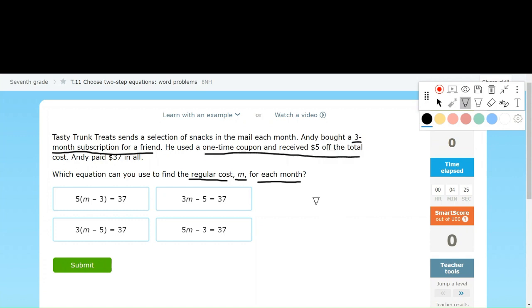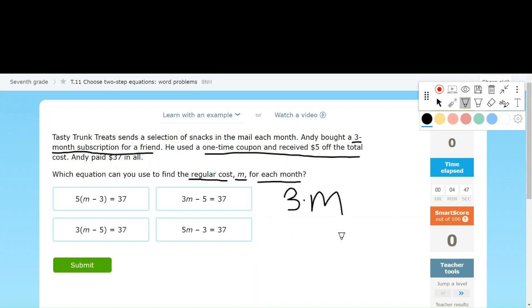Well, we can represent the cost of the 3-month subscription by multiplying 3 by m, because m represents the regular cost per month. So if we multiply 3 by m, that would be the cost of a subscription worth 3 months.